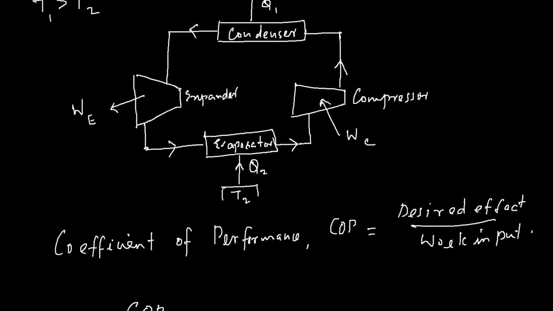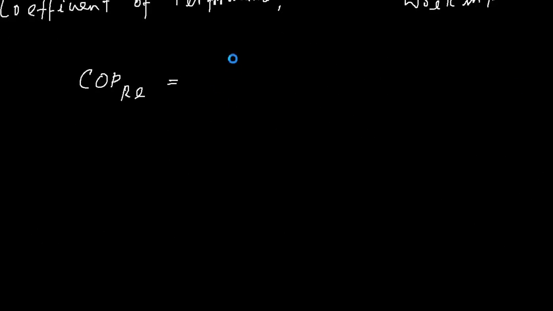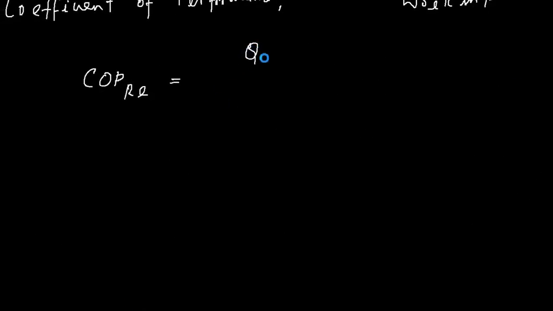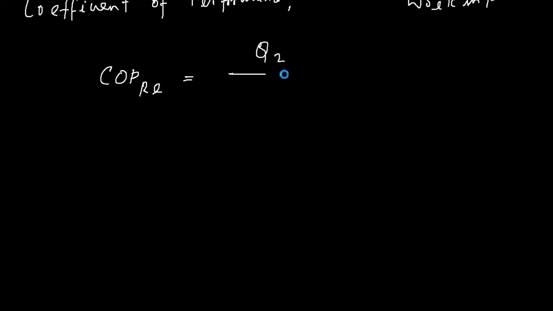So Q2 is the desired effect, and WC minus WE, the expander work, is the work input.